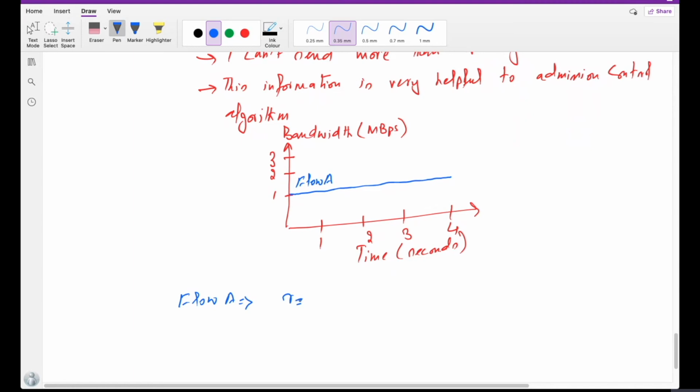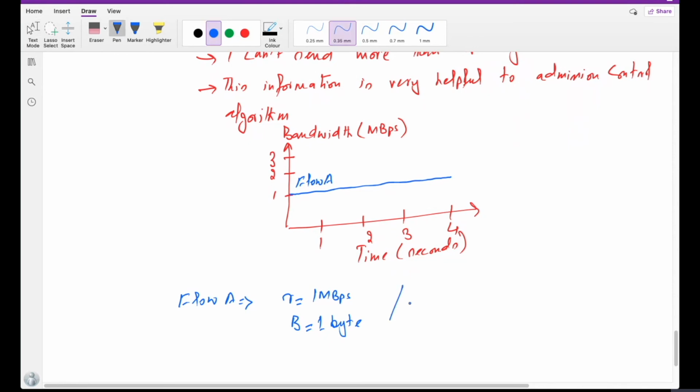Yes, 1 megabyte per second, and a bucket depth of 1 byte. So what is B? 1 byte. This means the bucket cannot store more than 1 token.